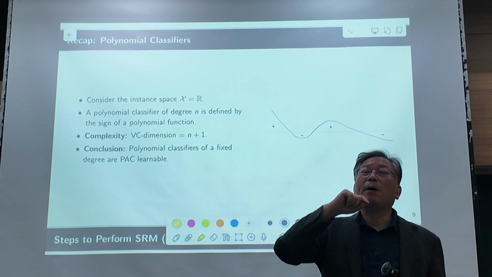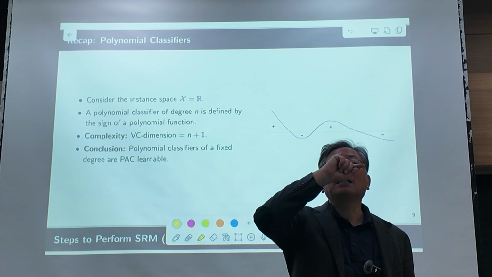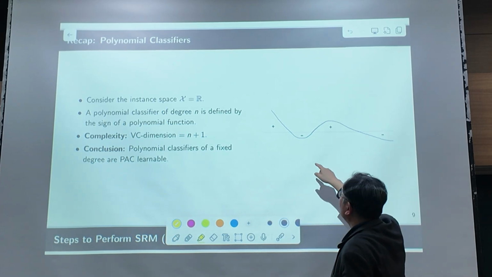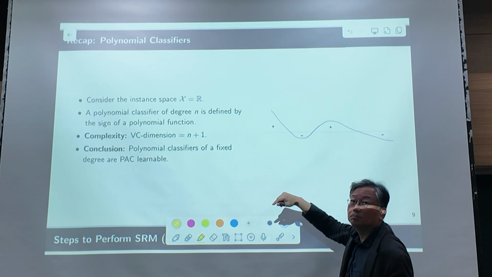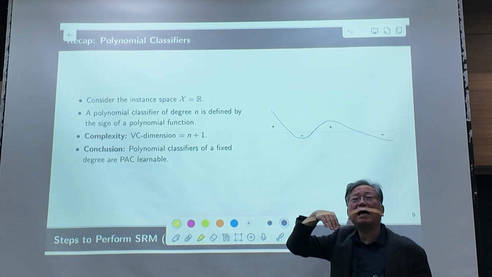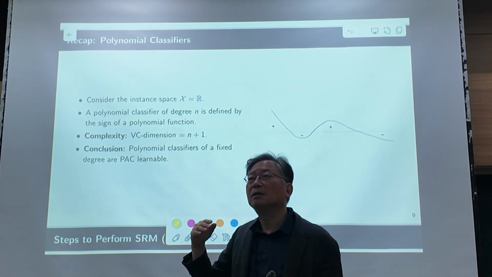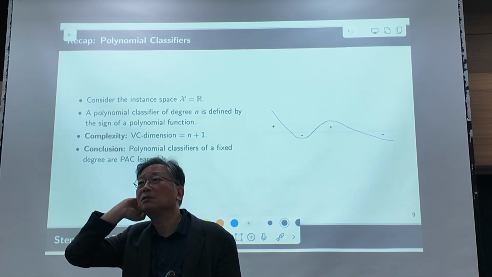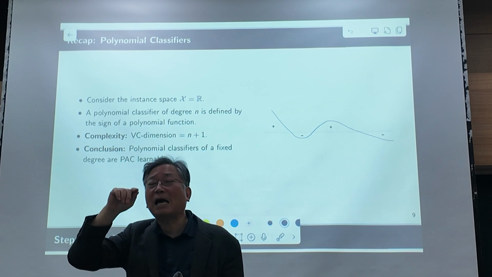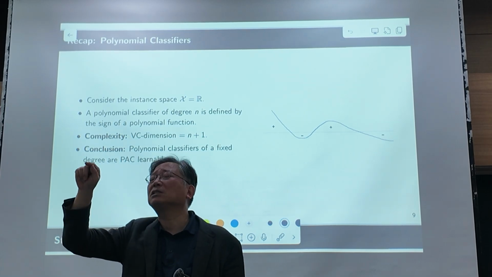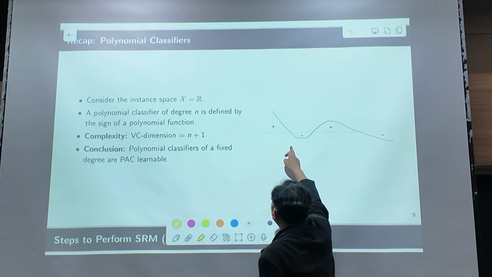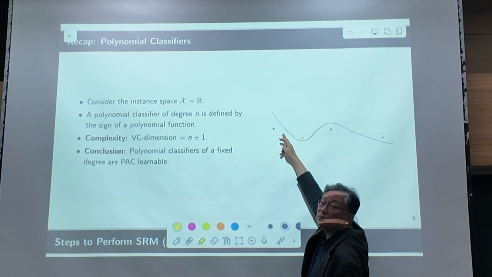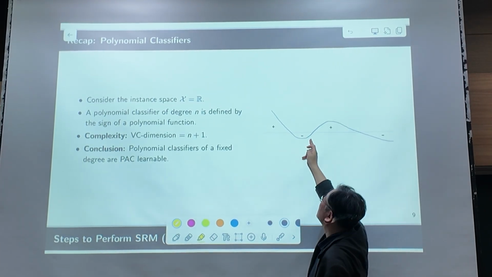Then the polynomial has to go up and down like this, and it has to have at least n plus 2 roots, because it has to go through the zero crossing in order to go from plus to minus, or minus to plus.